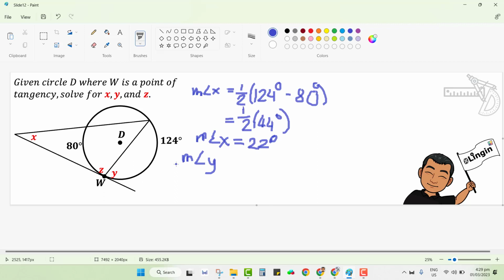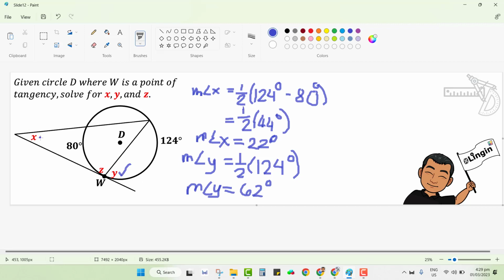It follows the same computation as the inscribed angle, though it's not inscribed. It means that the measurement of angle Y is simply half of the measurement of its intercepted arc, which is 124 degrees. This would mean that the measurement of angle Y is simply 62 degrees. That's for angle Y.